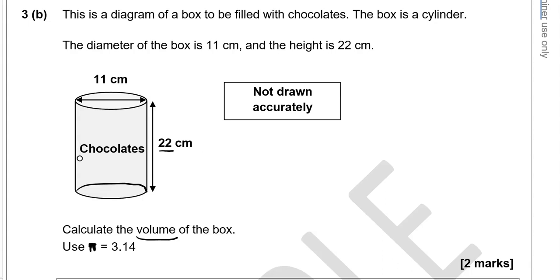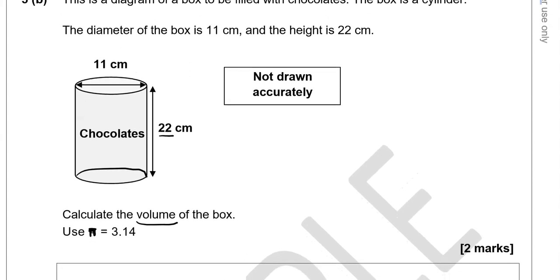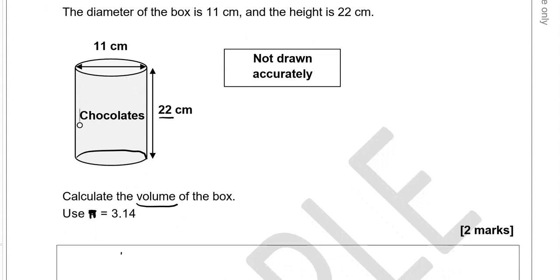So let's work out the area of the base, which is pi r squared. So that is pi, 3.14, times the radius, which is half the diameter, so that would be 5.5 squared.